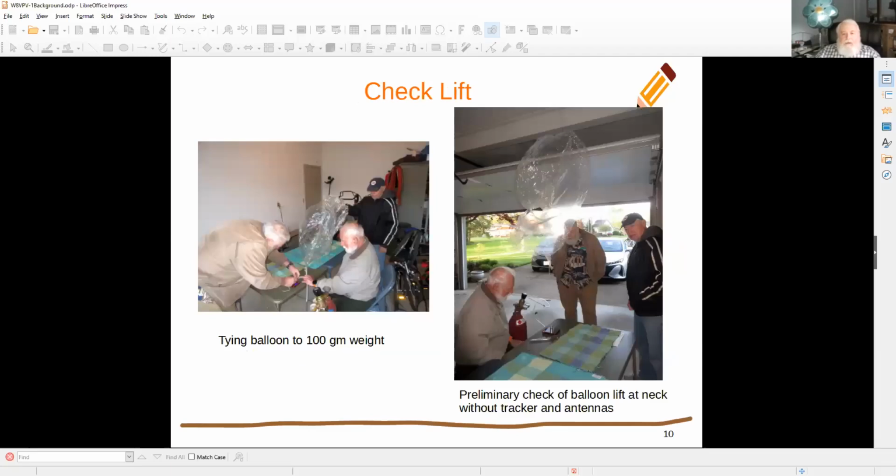Here you can see on one of the cycles I'm tying the string on the balloon to the weight on the scale. It took us 2 or 3 tries, maybe 4, but finally we got it to the point where Mel and I and Tom Price, in the back there, decided that we were probably pretty close.